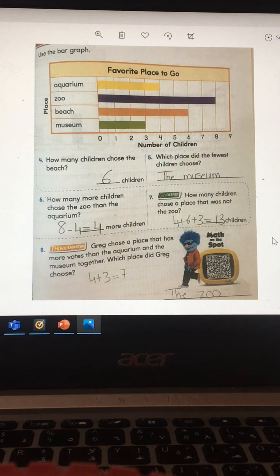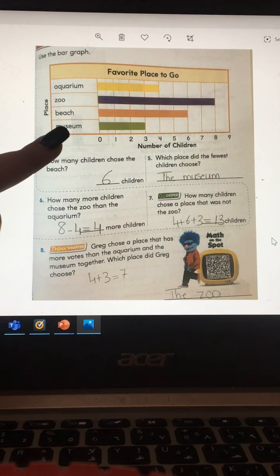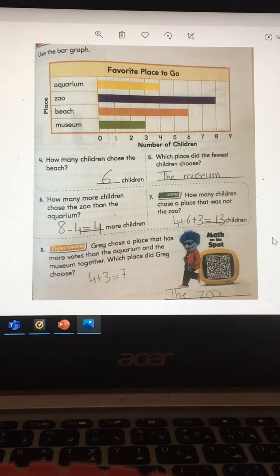Greg chose a place that has more votes than the aquarium and the museum, so I'm going to add the number of children who chose the aquarium and the number of children who chose the museum in order to find the sum of both places together. The number of children who chose the aquarium is 4, and the number of children who chose the museum is 3. So 4 plus 3 is equal to 7.